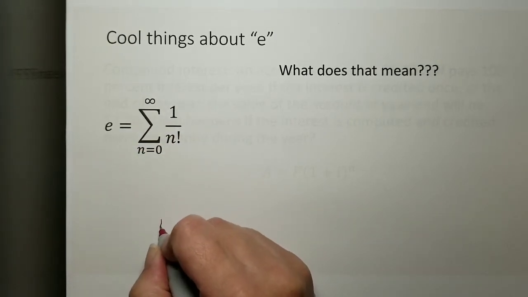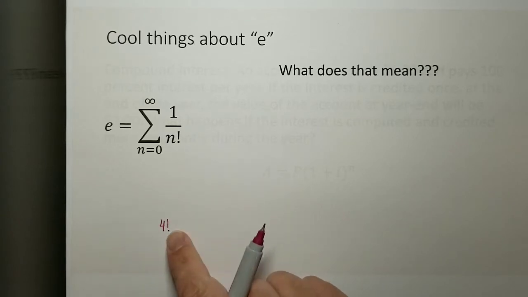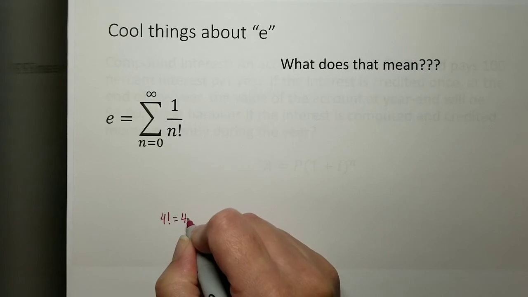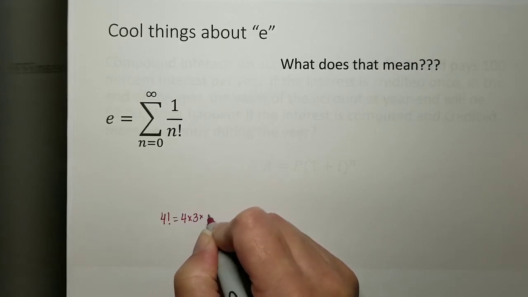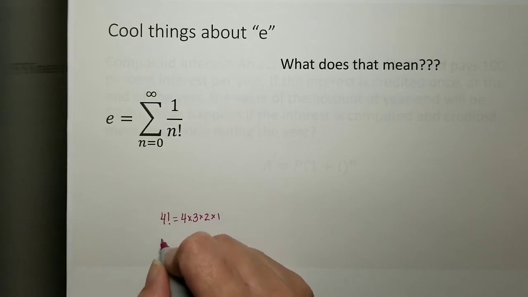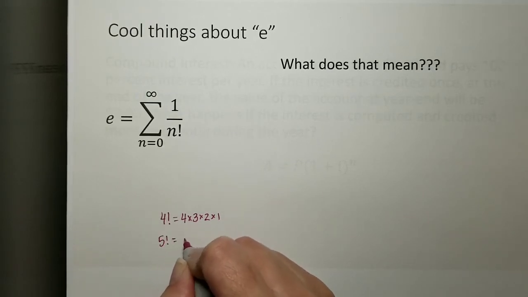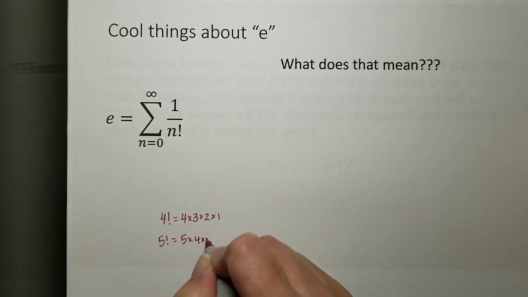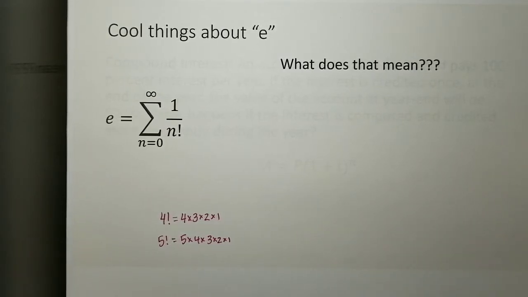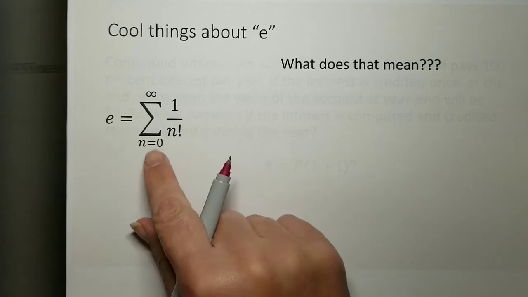Say, for example, 4 factorial, that exclamation mark looks very exciting, but it just means multiplying all of the numbers from 4 on down. So 5 factorial would be 5 times 4 times 3 times 2 times 1. It's just a notation to say I'm multiplying up all of those numbers.